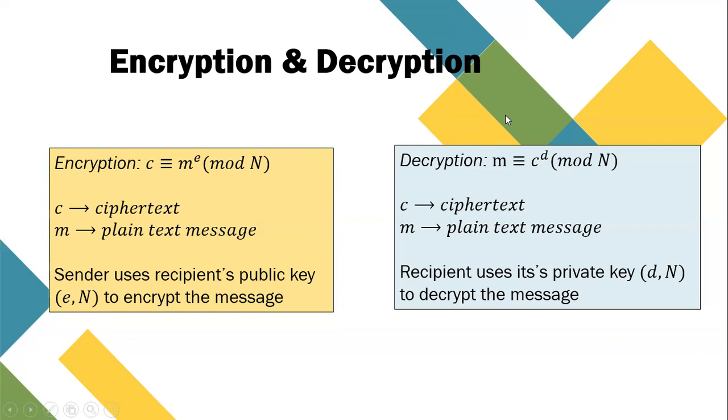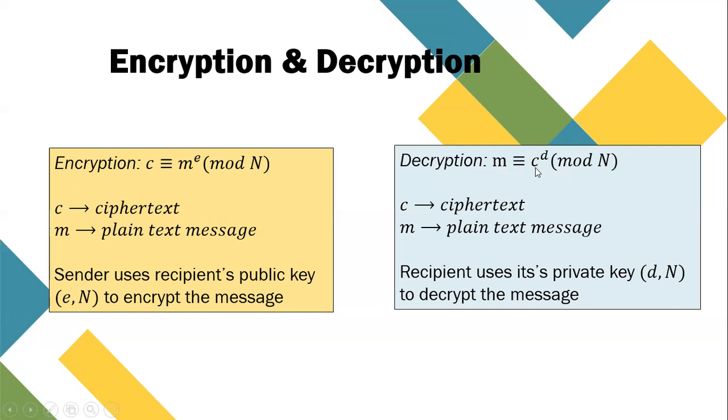Now the receiver receives this ciphertext C. The receiver will decrypt it using this formula: M is equal to C to the power D mod N. Initially, the receiver will get M in its numerical representation. So the receiver will have to use the same encoding scheme which the sender used to convert the plain text into numerical representation.